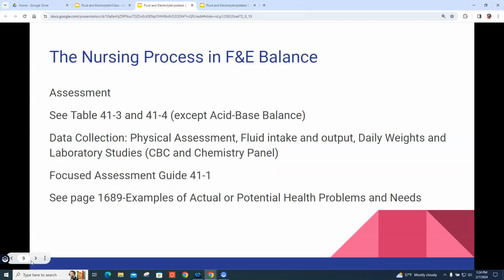You're going to want to go through the nursing process in fluid and electrolyte imbalances. You can actually see this in box 41-3, and that has really good information regarding the nursing process and these imbalances.